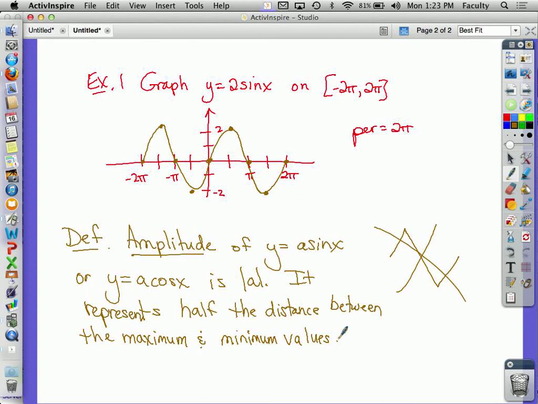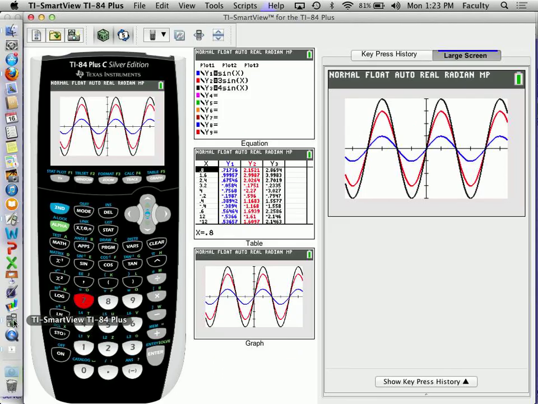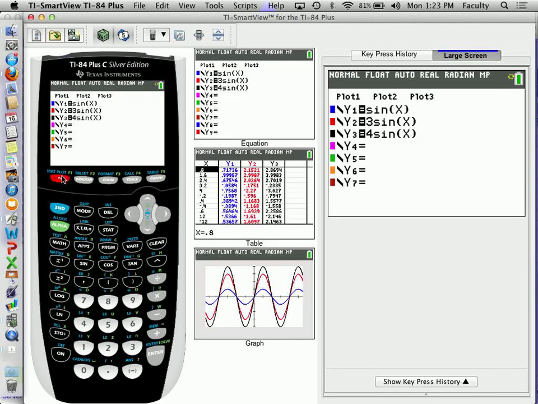So if you'll take out your graphing calculators, I'd like us to do just a teeny tiny little exploration here to explore and to make sure we remember how to get this in the calculator. So go to your y screen, and in y sub 1 we're going to put the parent function, y equals sine x.